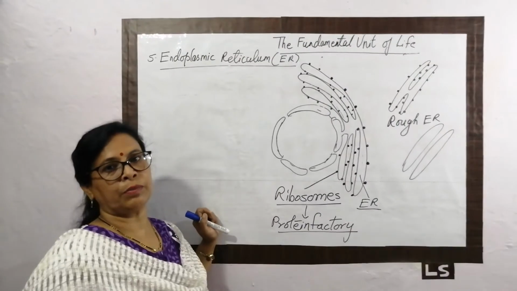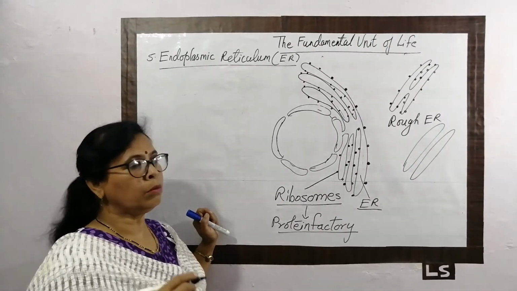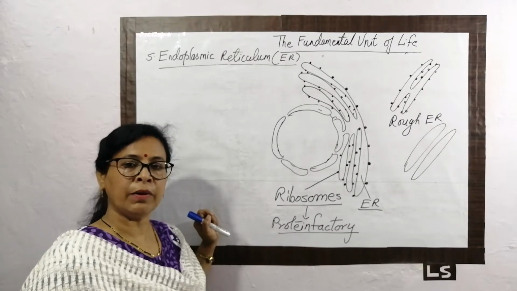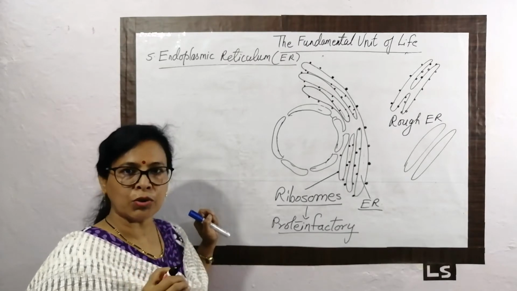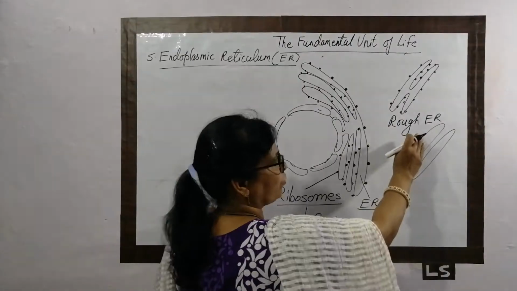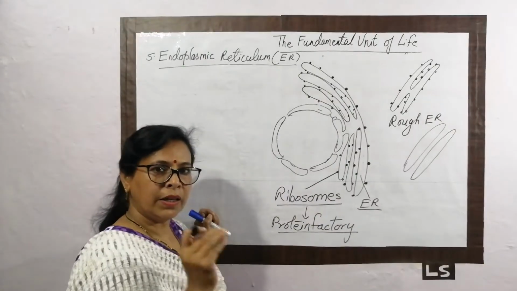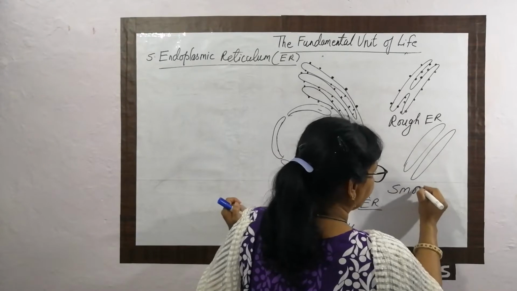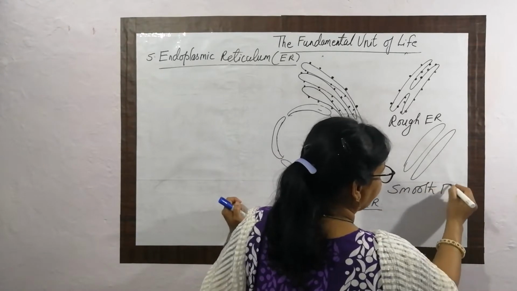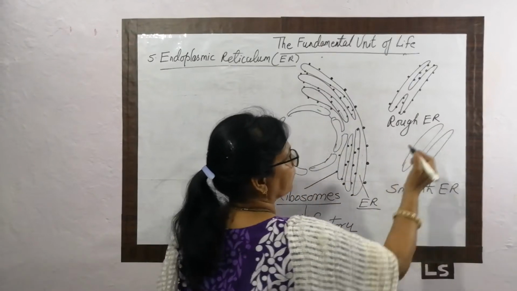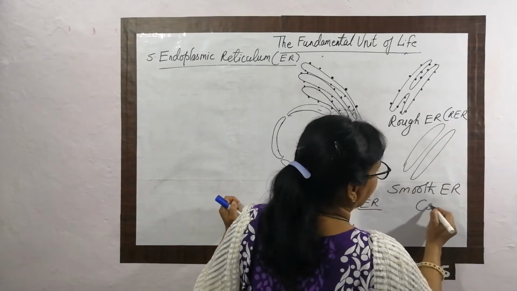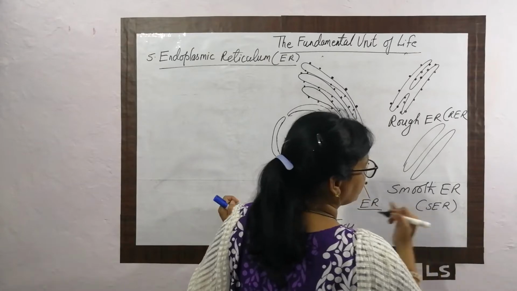But some endoplasmic reticulum is present without any granules of ribosome. If you touch the surface of that type of endoplasmic reticulum, it feels smooth. It is called RER and it is called SER.